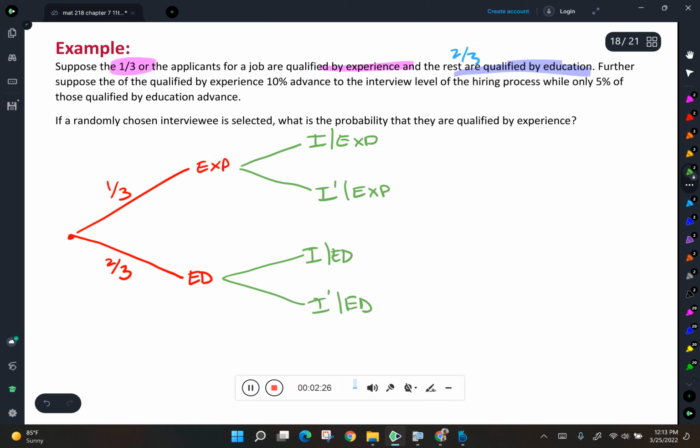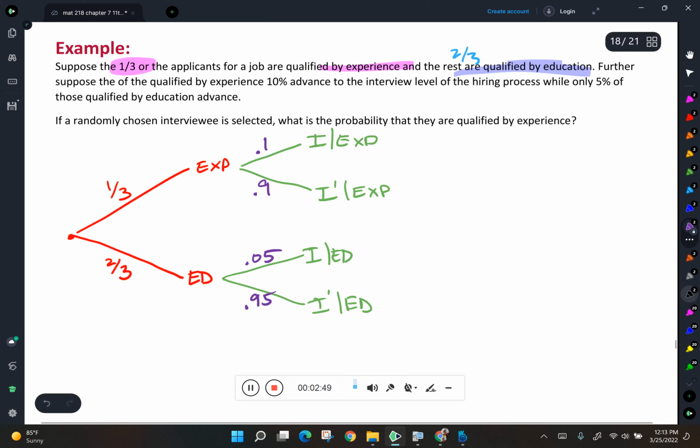Now the problem tells me that this is 10%. That means that 90% of those people don't make it, and this was 5%, which means that 95% of those people don't make it. So there's my tree diagram for this scenario.